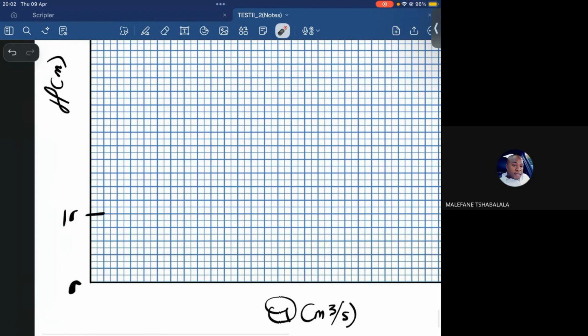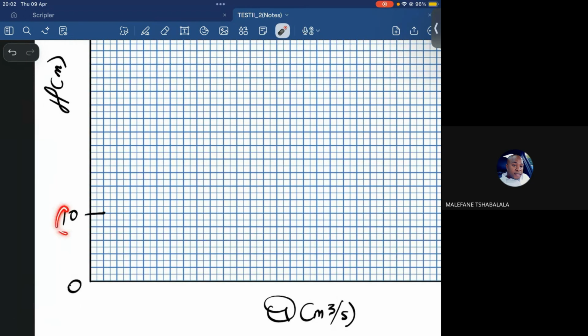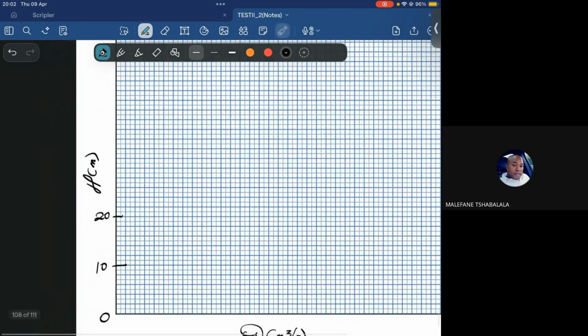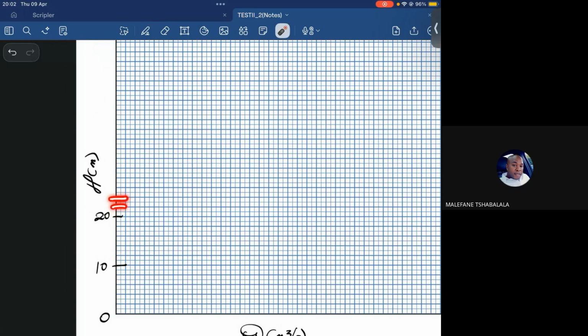Of course, the number that comes after 10 is 20. So between 10 and 20, we'll still have 5 minor horizontal grid lines. We'll count from 10: 1, 2, 3, 4, 5 minor grid lines. Then here we'll have 20 meters, and from 20 we'll have 1, 2, 3, 4, 5 minor horizontal grid lines.